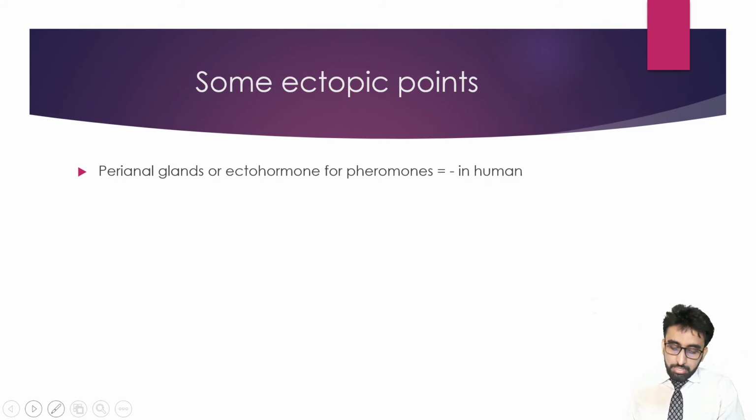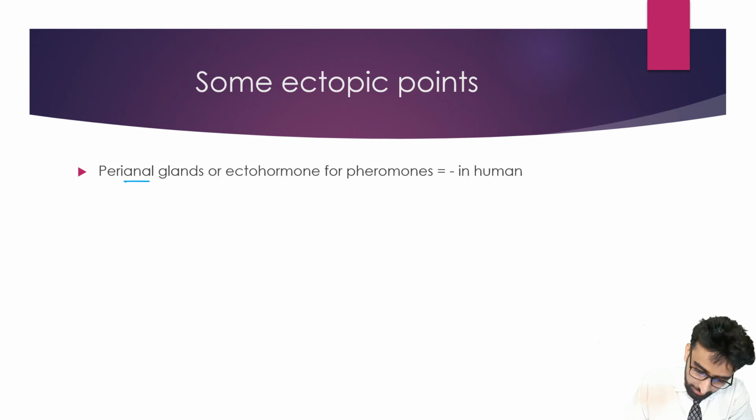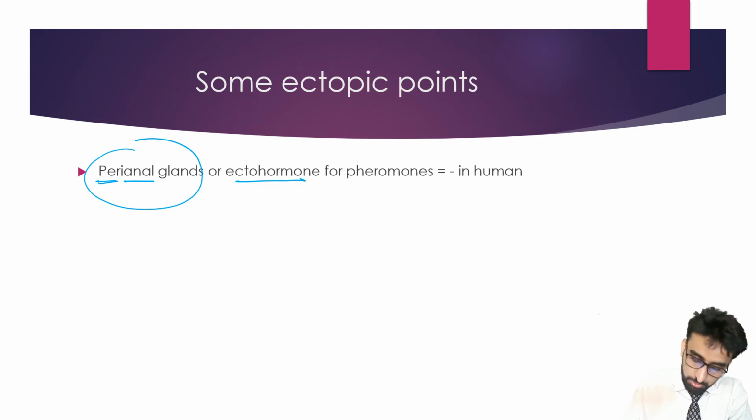Now some ectopic points. Perianal glands. We all know the anal canal is the excretory organ. The glands around the anal canal we call the perianal glands. The hormones coming from this gland are called ectohormones and pheromones, and they are coming from the perianal gland.